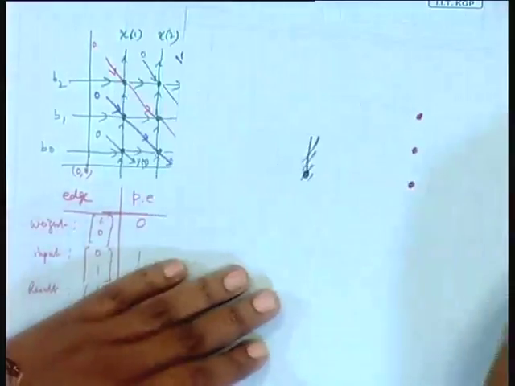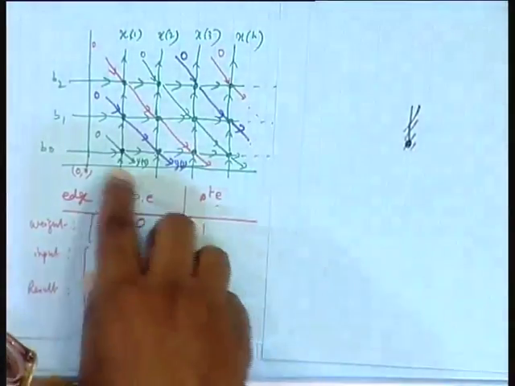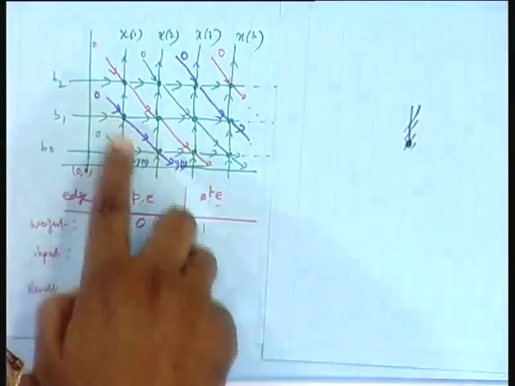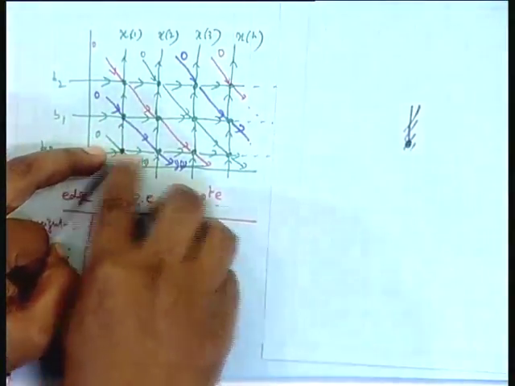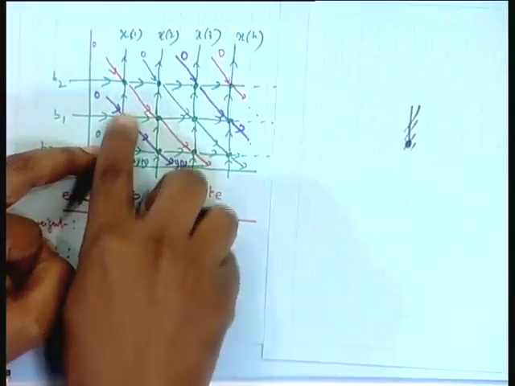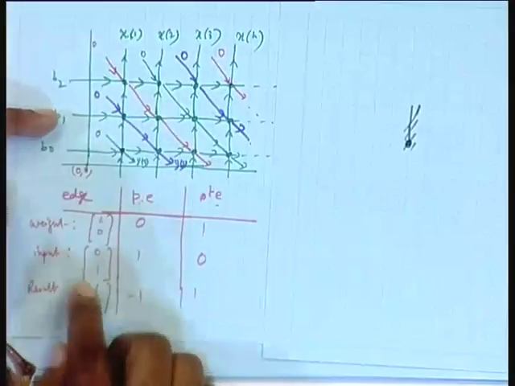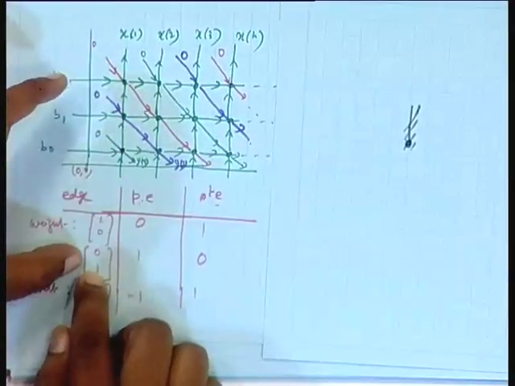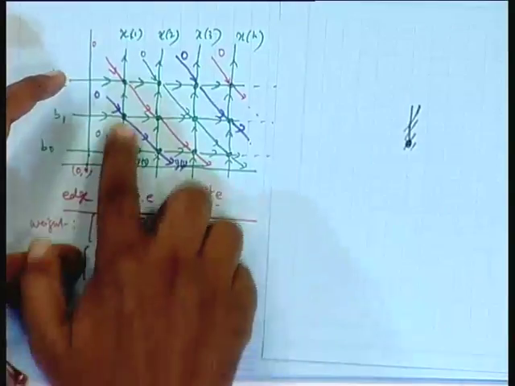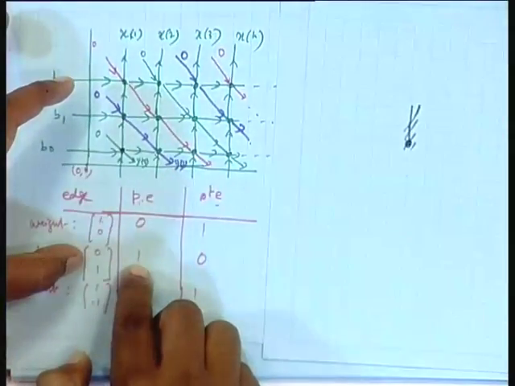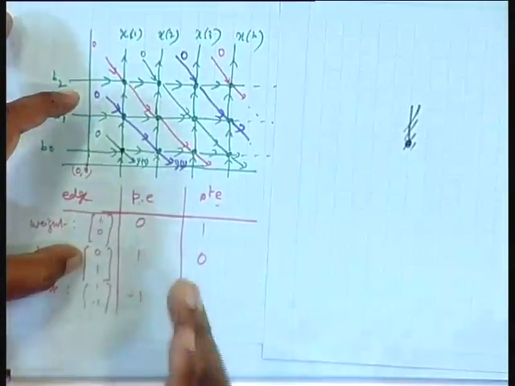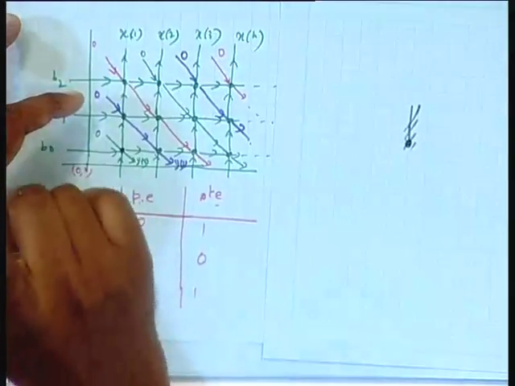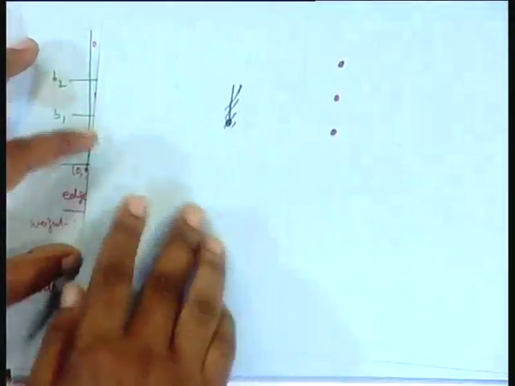Now, edges in this direction, consider anyone along this line, there was an edge. What was that edge? Input. That edge gets mapped to 1. 1 means in one dimension, a unit vector in that direction.